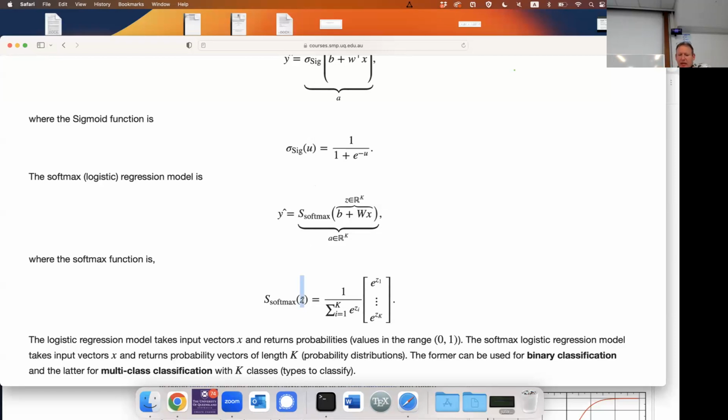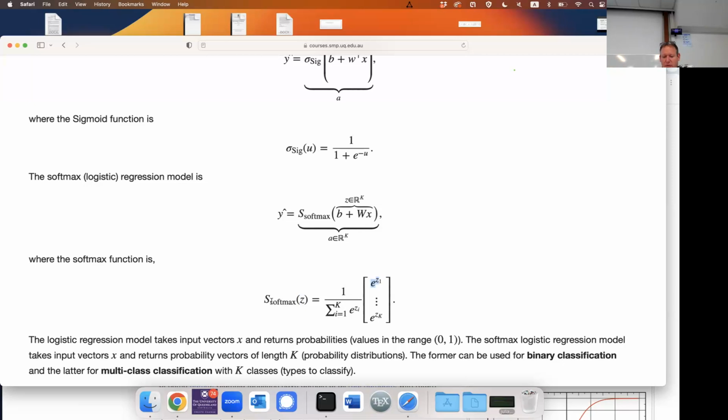And that vector doesn't have to have things that are between 0 and 1. They can be anywhere between -infinity to infinity. There's no restriction on the range. It takes each element of the vector and it exponentiates it. Okay, so then these things are non-negative. And then it divides by the sum of the elements.